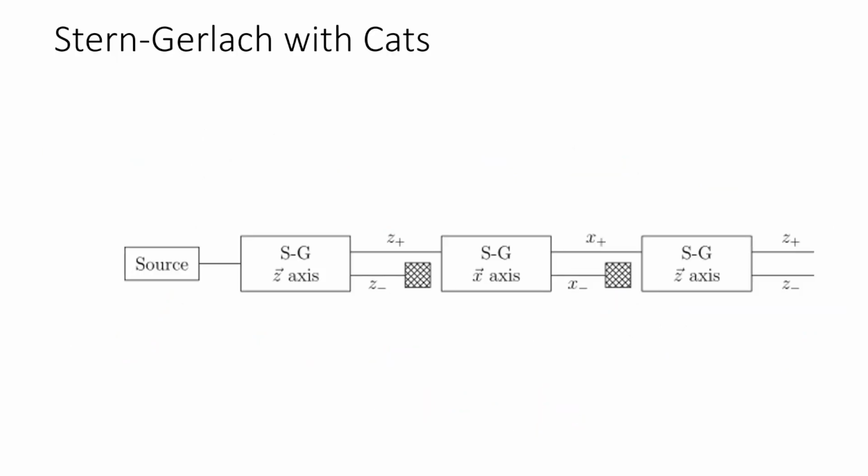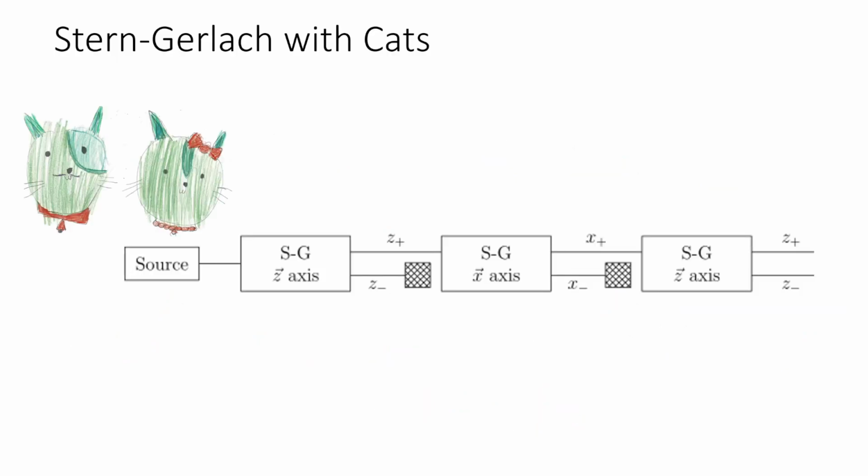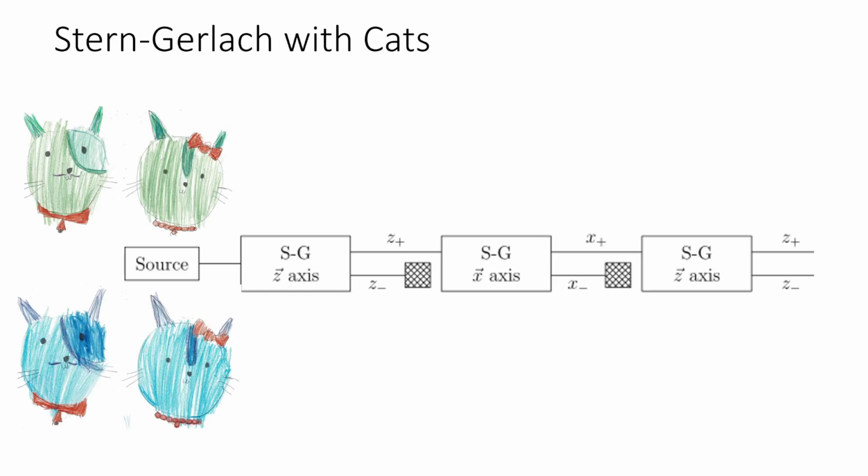Initially we'll line up all these cats and send them through the Stern-Gerlach device. The first Stern-Gerlach device will just select the cats based on their gender. Think of the lady cats with a bow and necklace as spin up along the z direction, and the gentleman cats as spin down.